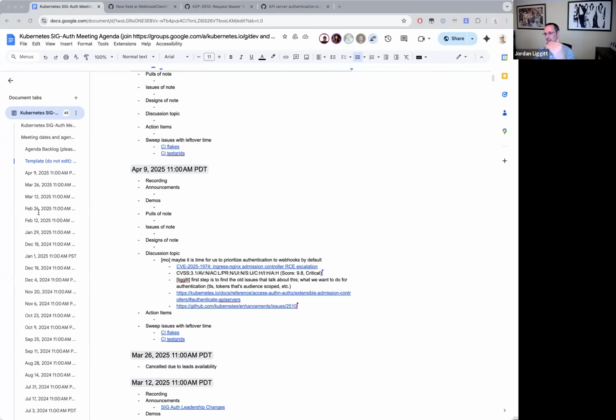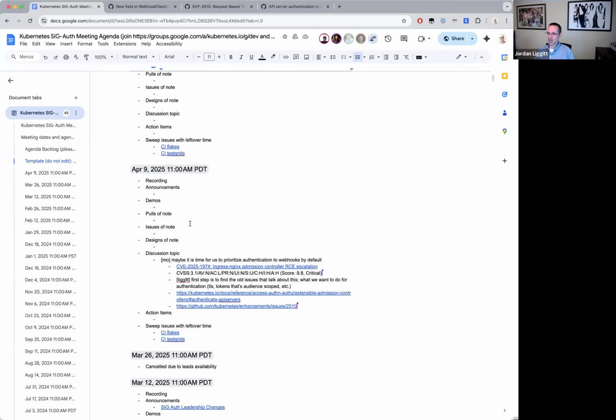I think it would help to think about the dimensions, like the fewer options we support, the easier it is for backends to write stuff because they don't have to handle as much variety. The more options we support, the more I might have: a token, or a cert, or a token that's not a Kubernetes service account token, or a token I have to use token review for, or some cloud exchanged token.